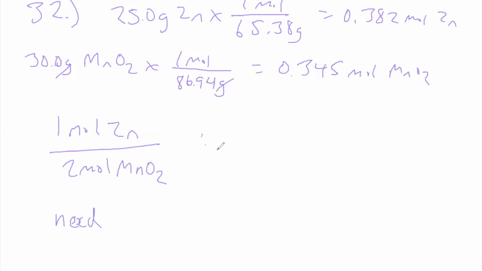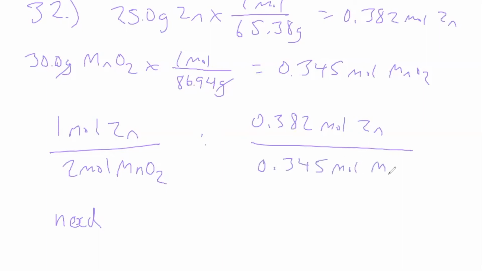Now what do we actually have? So we have 0.382 moles of zinc, and we have 0.345 moles of manganese dioxide. So which one runs out first? Well, what this is telling us is that we would need double the amount of manganese dioxide that we have of zinc. So for this to run completely, we would need 2 times 0.382.